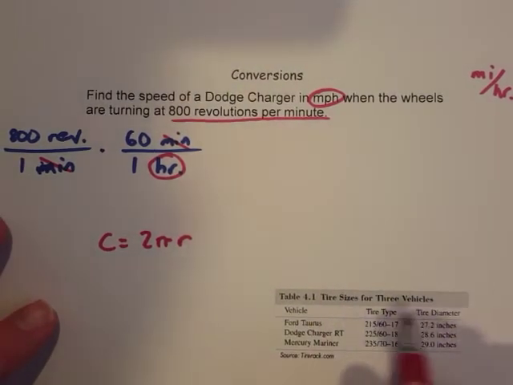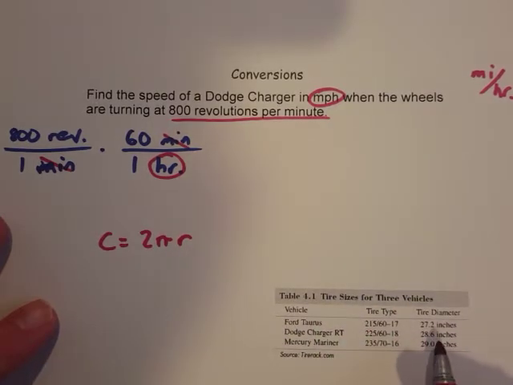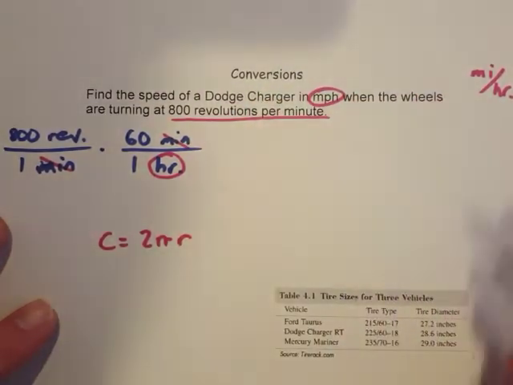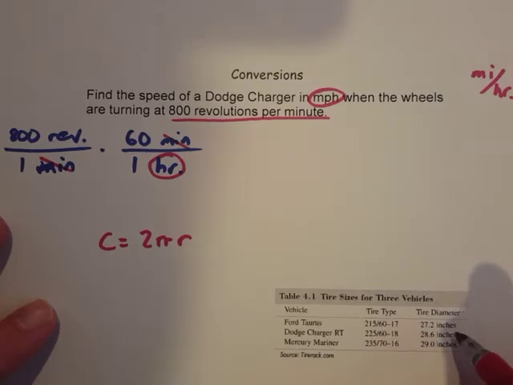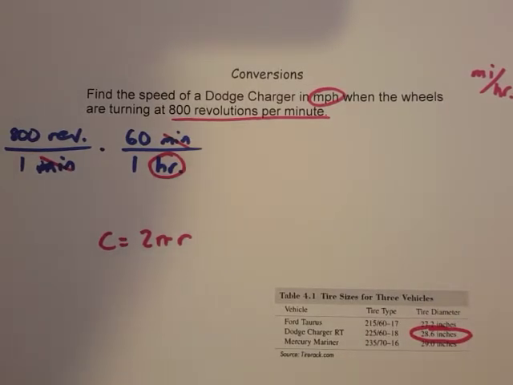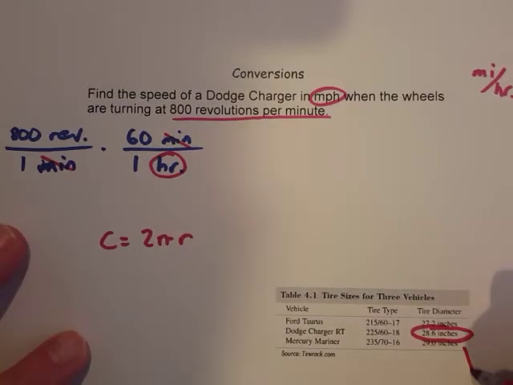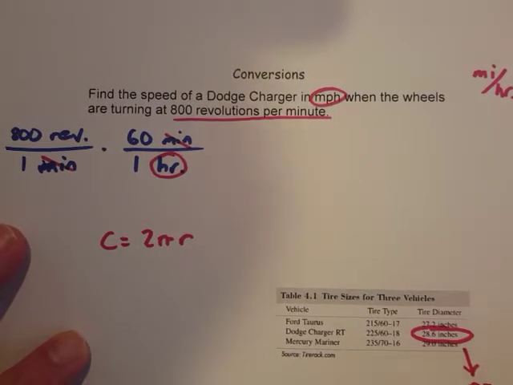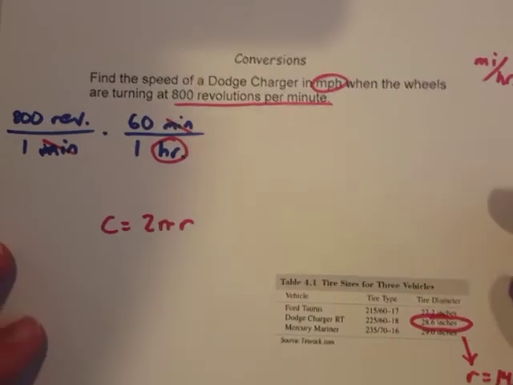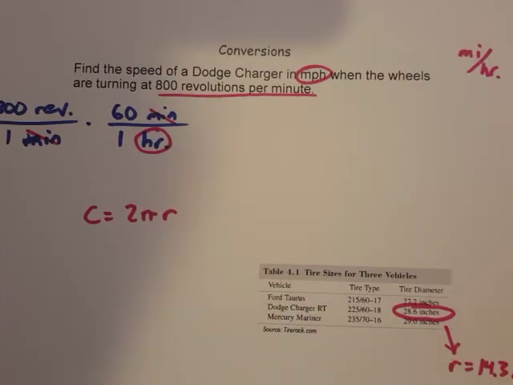Now, we have a table right down here, as you can see, for this Dodge Charger. The Dodge Charger has a tire diameter of 28.6 inches, so that means the radius is going to be 14.3 inches. All right, so we start there.